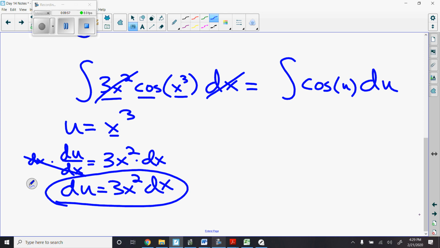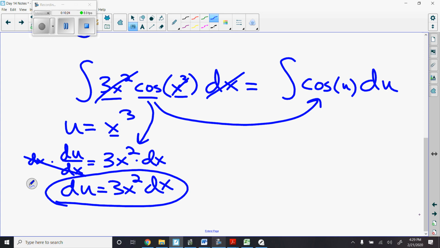Again, the cosine was never accounted for in anything down there, so that just transfers over. The x cubed became the u, and the 3x squared dx became du. What I did is I took a difficult integral, 3x squared times cosine of x cubed dx, and changed it into an easy integral, cosine u du.